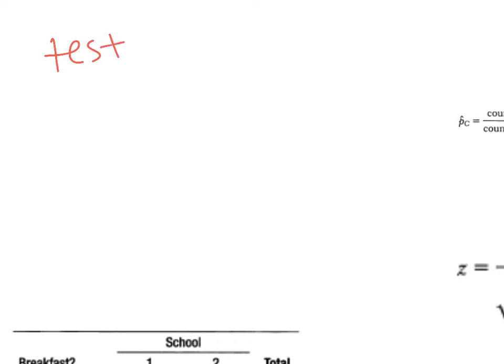Okay, so remember we have to calculate the test statistic when we are doing these significance tests. And so when we calculate our test statistic, remember that is our statistic minus the parameter.